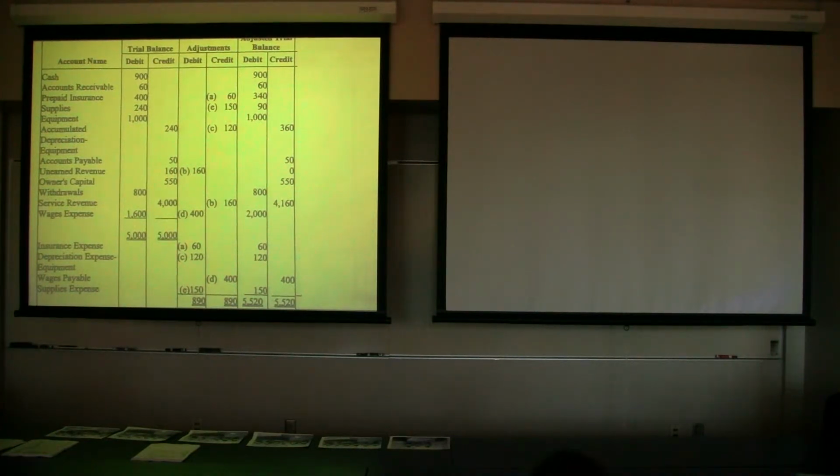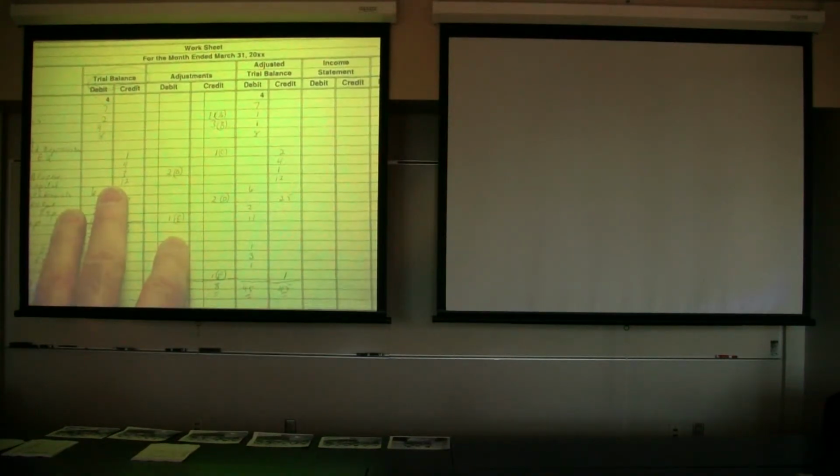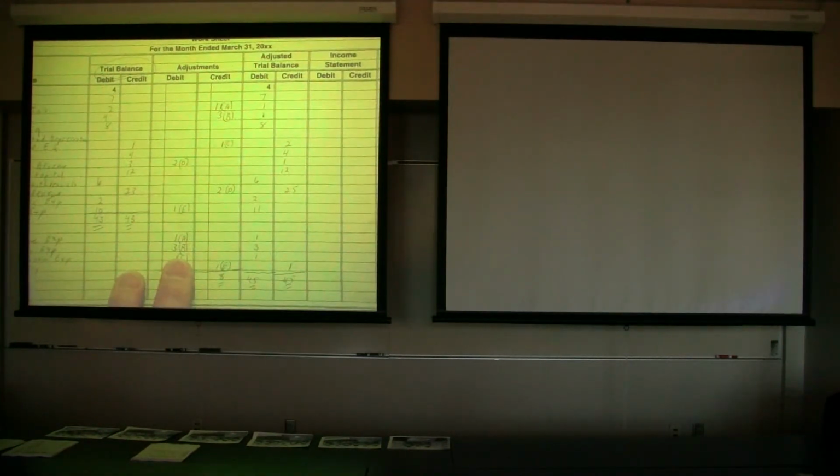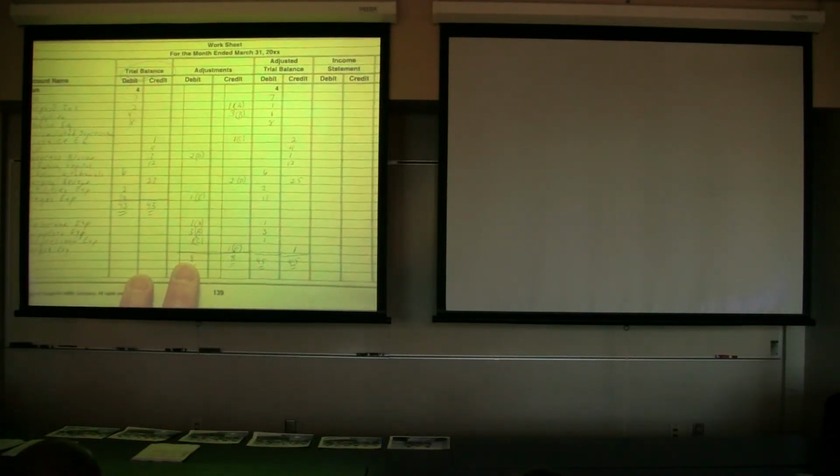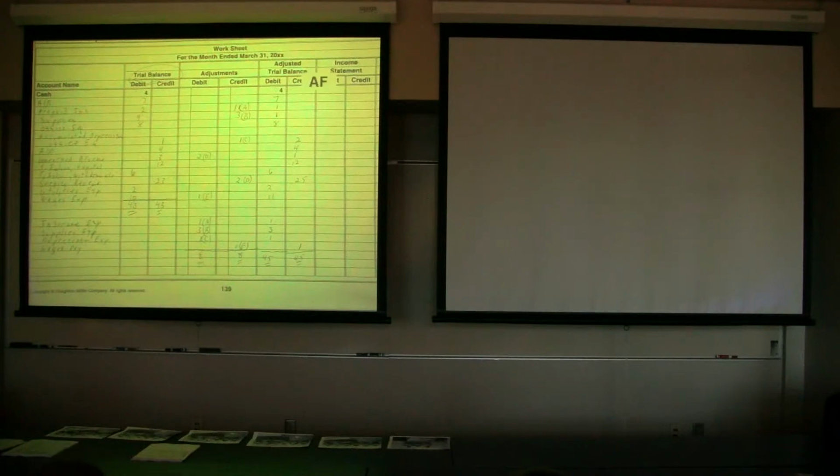All right. So now the next part of this, we're going to create an income statement. So what two kinds of accounts go on the income statement? Revenue and expenses. So let me show you here.